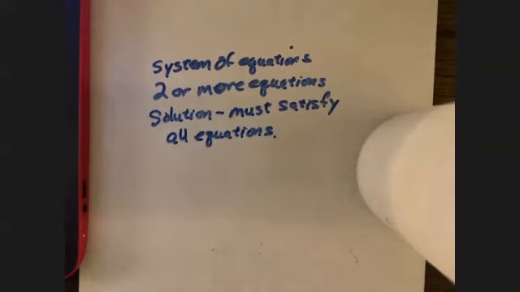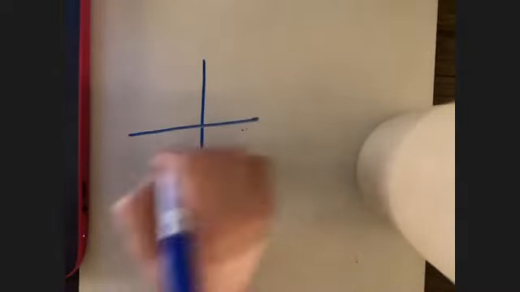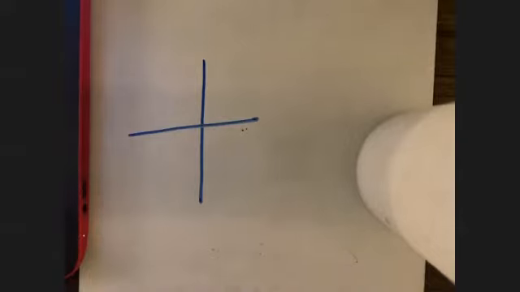Now then, if all of the equations in the system are linear, then it's a linear system of equations.